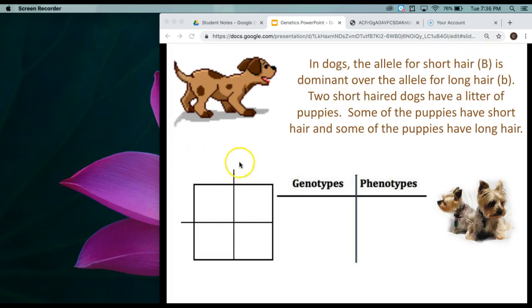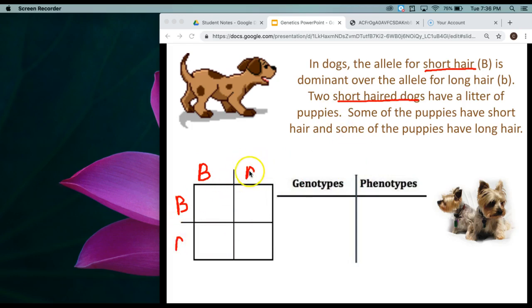So both dogs have to have the dominant trait. But if they have one dominant trait and they're short-haired, the only way two short-haired dogs can have long-haired puppies is if they are heterozygous.